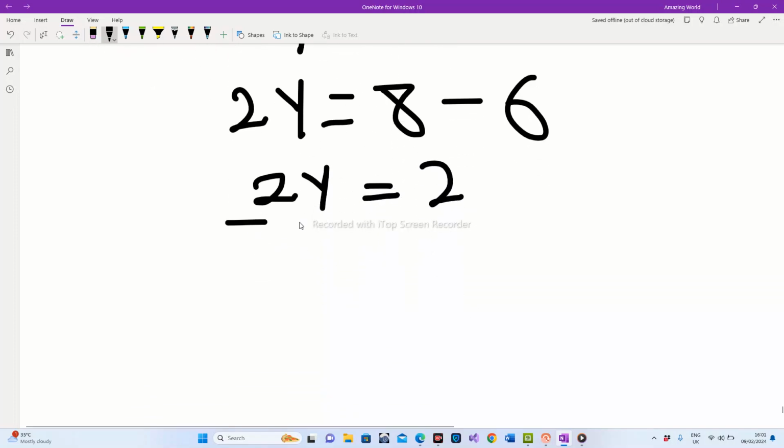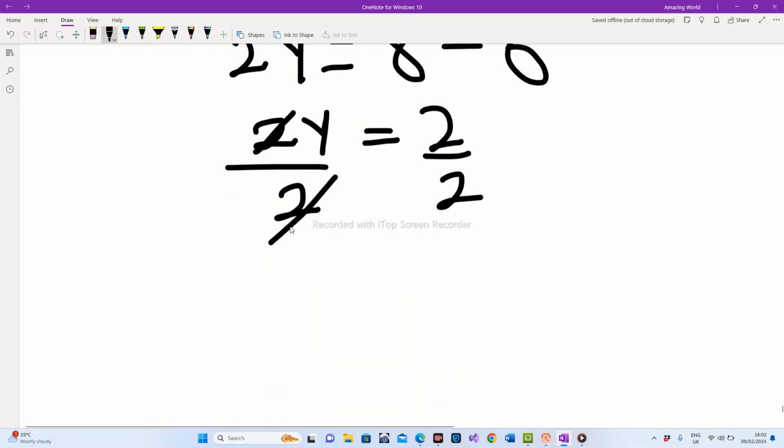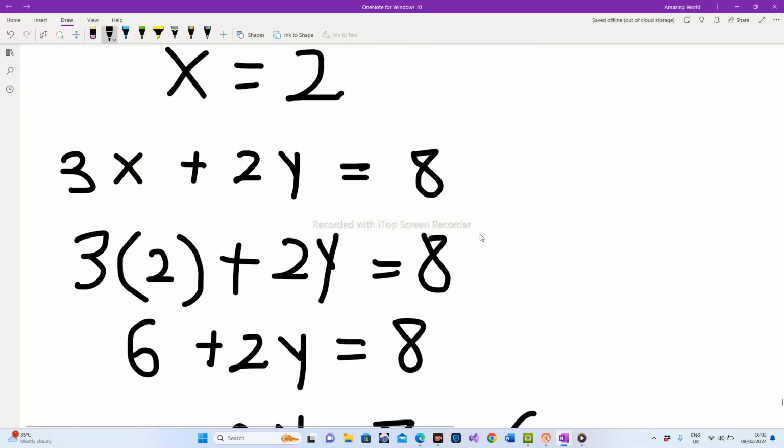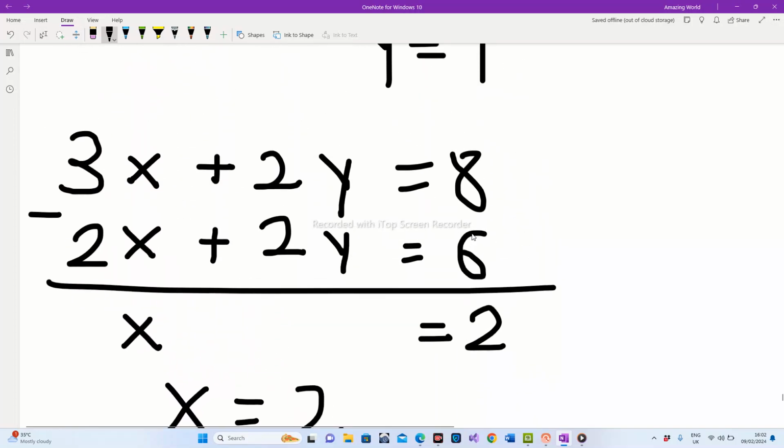And then we all know that when we have something like this, we divide by the coefficient of y, that is the number before y, so we are left with y equals 1. And that is it, my beautiful people. We have solved this very simple simultaneous equation. So kindly sit back, in a split second I will solve another case scenario so that any way the question comes, you will be able to tackle it.